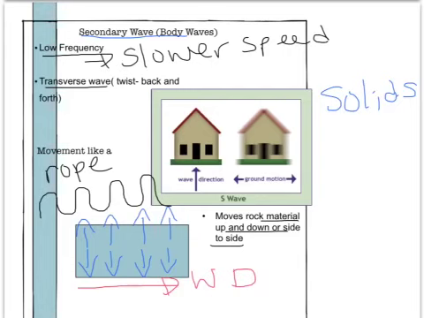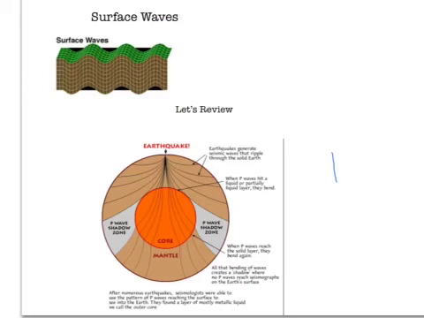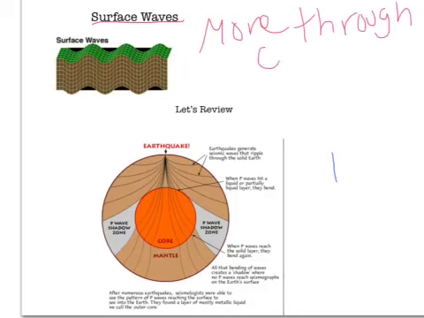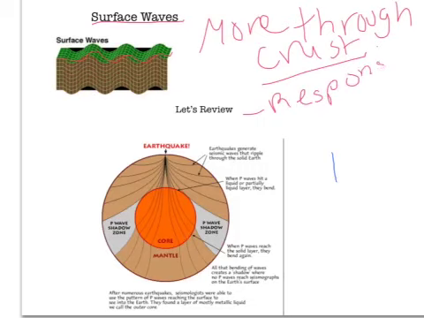Surface waves are their own type of wave. They're different than body waves because they only move through the Earth's crust. They cannot travel through liquids. Their motion is similar to that of a secondary wave. They are responsible for most of the damage that occurs on Earth's surface.